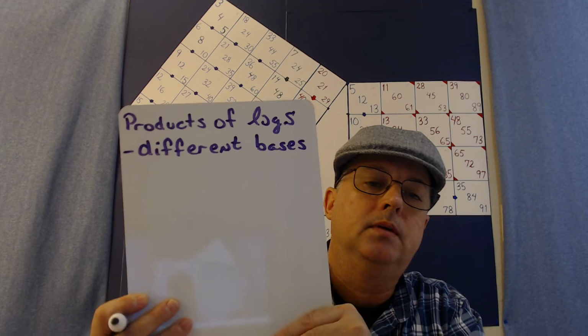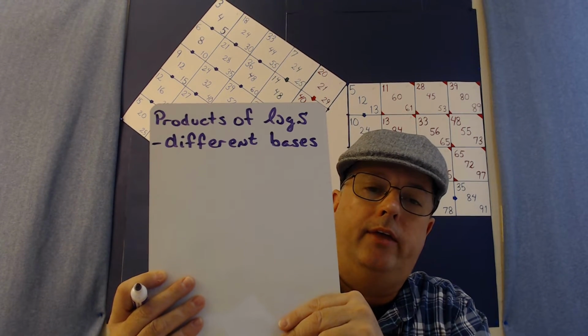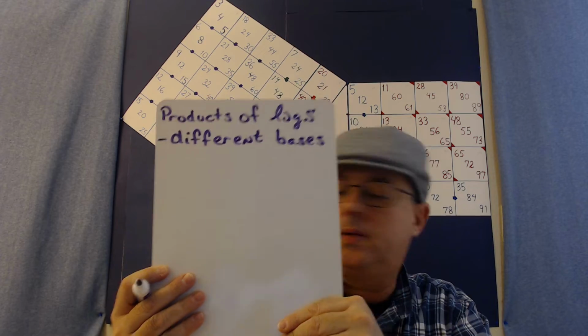This is going to be about when you have products of logarithms, and you have different bases. Products of logarithms, and there are different bases.